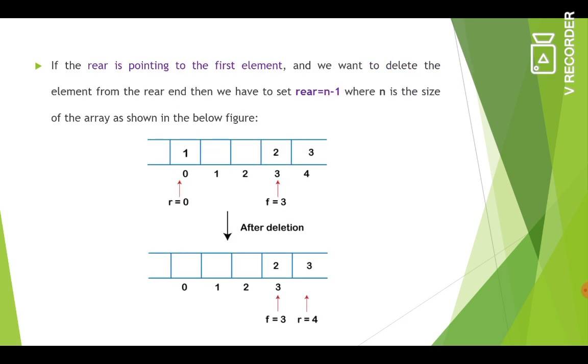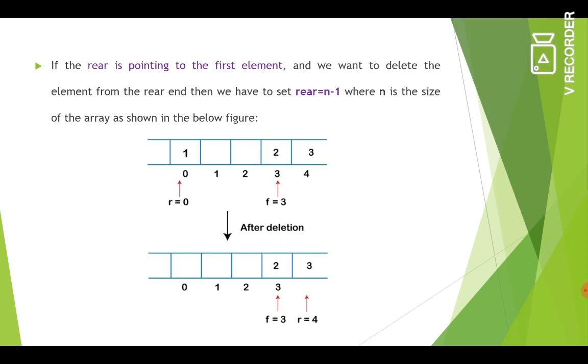See the figure, r equal to 0. So I have to decrement r by 1. Now r equal to minus 1. We know that it is an invalid index. So in this case, you have to set rear as n minus 1. In our problem, we have taken n as 5. So rear becomes 4.